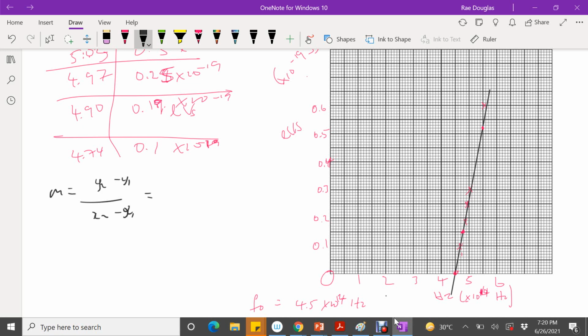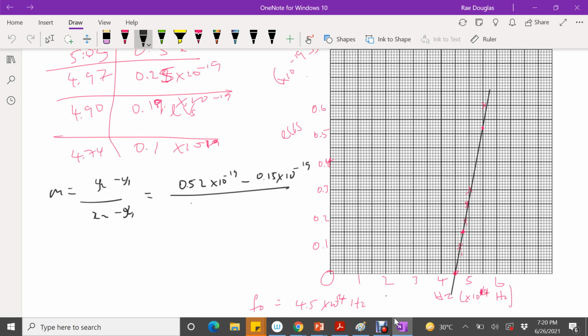Let's see if we can identify the values here. So that's 0.52 times 10 to the minus 19 minus 0.15 times 10 to the minus 19. Divide that now by the x2 value.